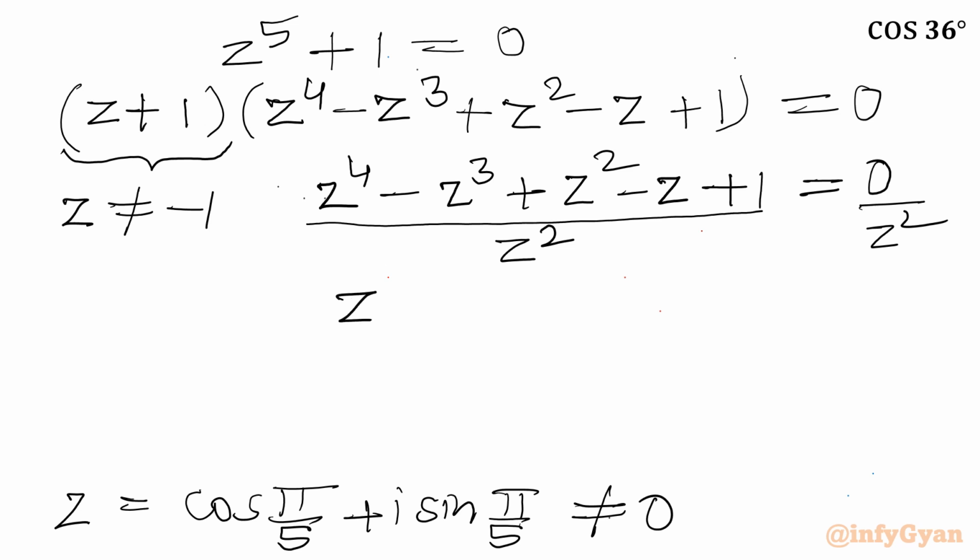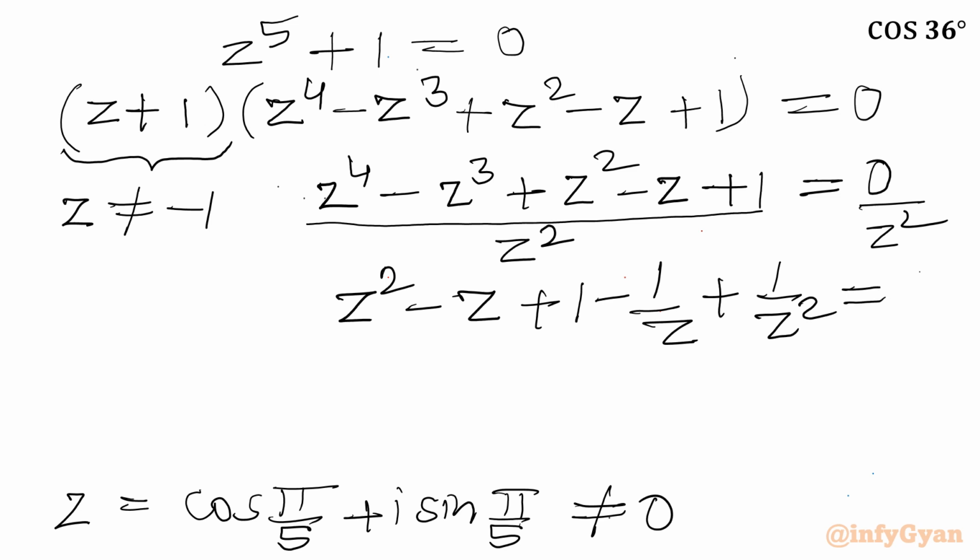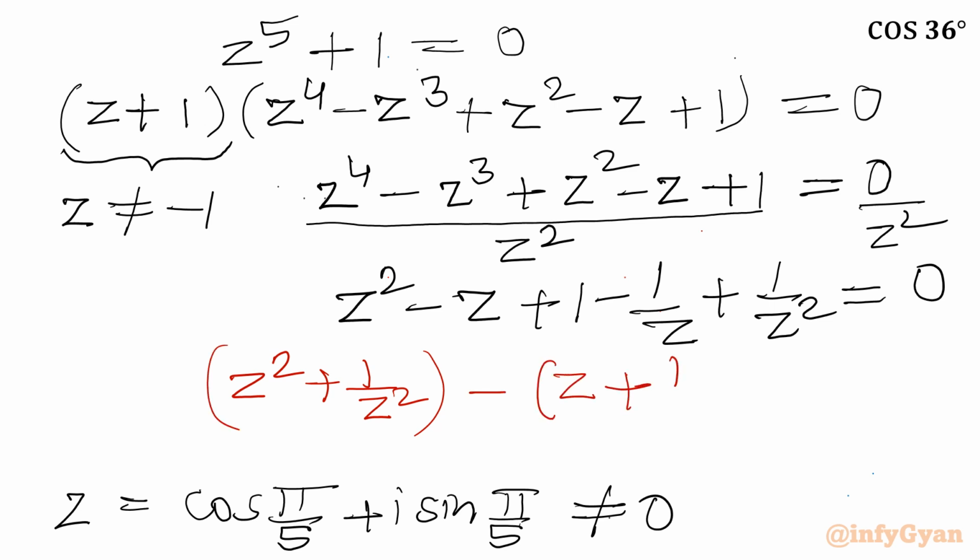So I can write z square minus z plus 1 minus 1 over z plus 1 over z square equal to 0. Now I will collect the first and last terms together. So z square plus 1 over z square. Then I will take minus common, so z plus 1 over z, and then plus 1 equal to 0.